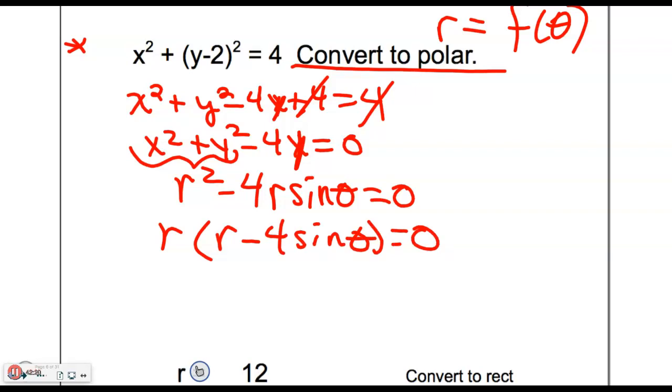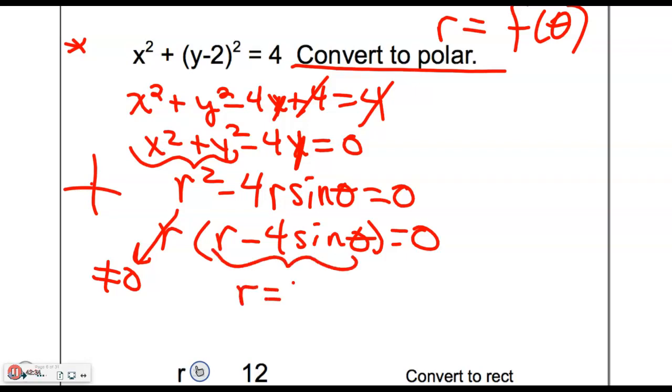Now if that equals 0, this can't be 0. A radius being 0 means you're stuck at the pole. You're a dot. So that can't be 0. What would cause this to be 0 if r equaled what? 4 sine theta. This in polar will be the same graph as that in rectangular.